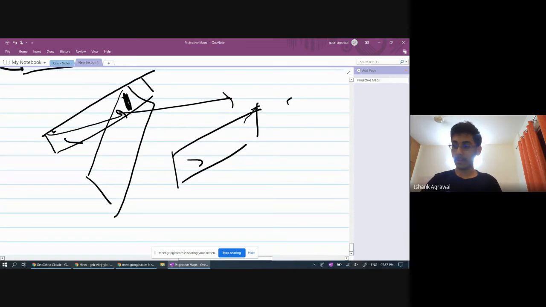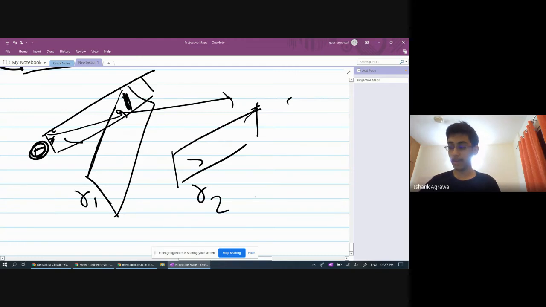Basically, if I take those points, this was our point O. This was our plane gamma 1. This is our plane gamma 2. If I take a plane parallel to gamma 2 going through O, this is parallel. And if I intersect this with gamma 1, if I take this line, then what would be the image of this line? That's my question.